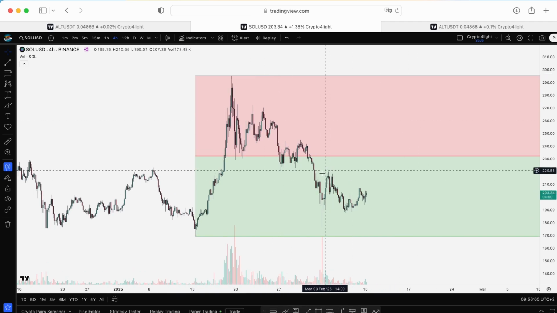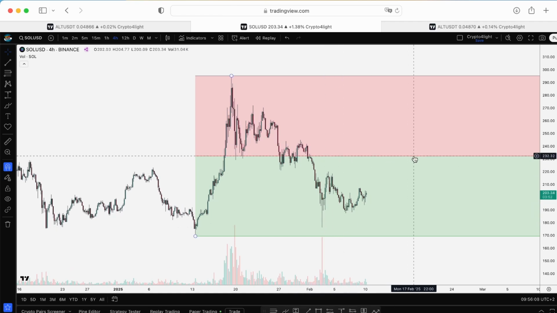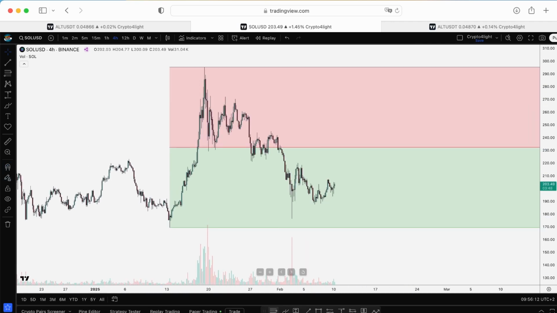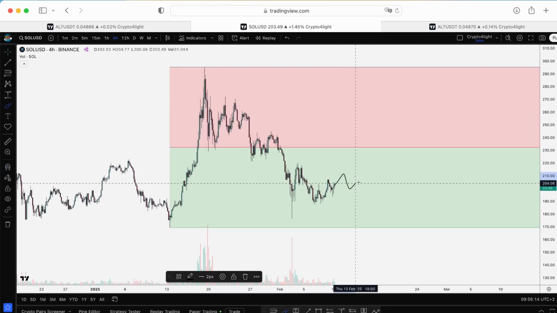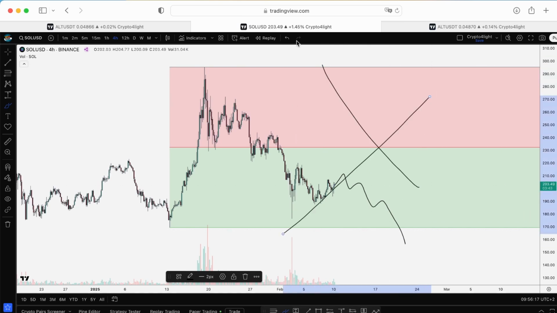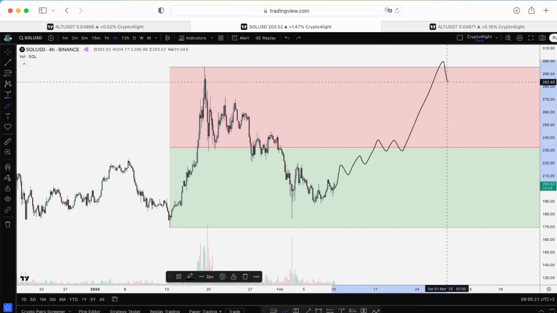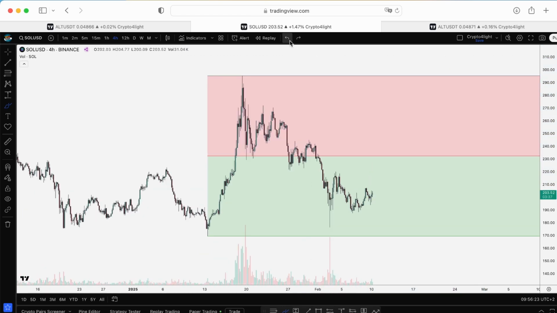But on the 4-hour time frame, here, it was not a mistake to buy SOL at 176 or 184 with the potential target like equilibrium, 232. And only time will show us if we go down and invalidate this premium discount zone on the 4-hour time frame, or this zone is valid and we go higher to the next target.